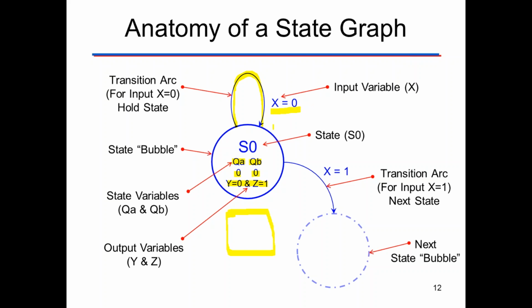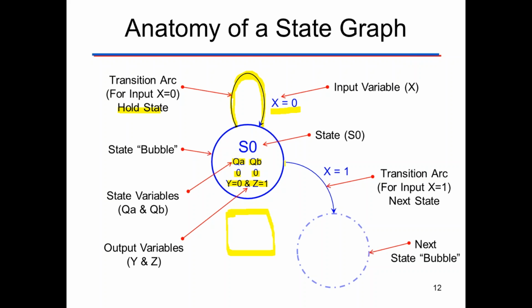I'm going to talk about this. A state, for example state 0, really has 2 states. It has this transition arc where it's in the hold state, as it's labeled over here. That's one of the states of a state.